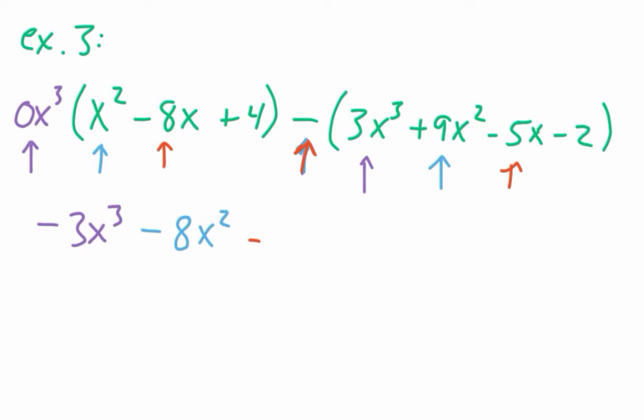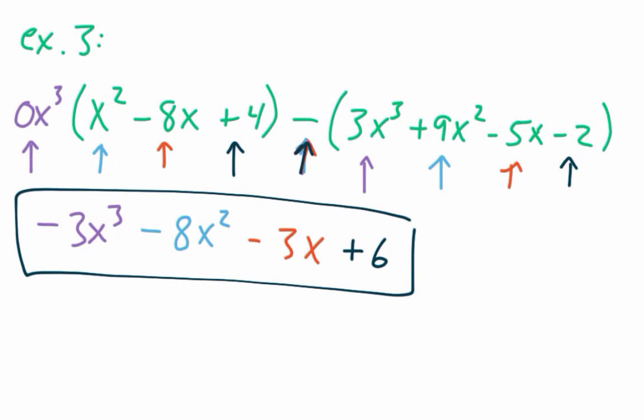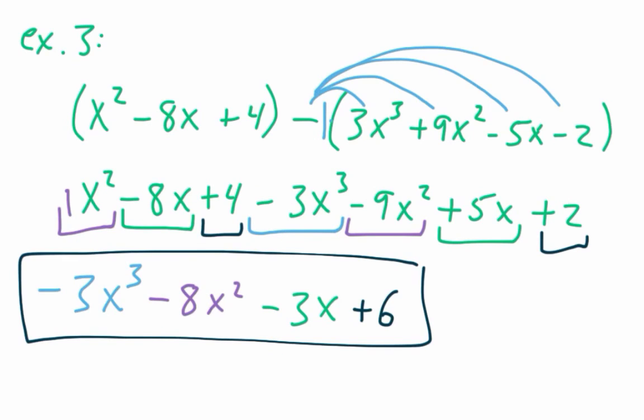So it's really negative 8x plus 5x, so minus 3x. And that's where I found people tend to make mistakes. And then the final one would be a positive 4 minus a negative 2 gives you a total of positive 6. And that right there, the colors I'm sure will be different, but should be the exact same answer as the one we had before.